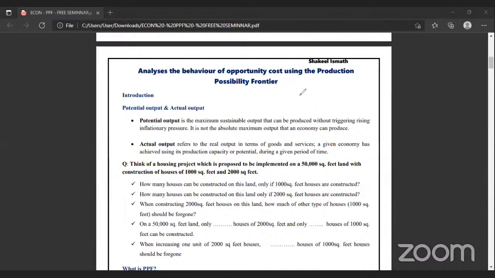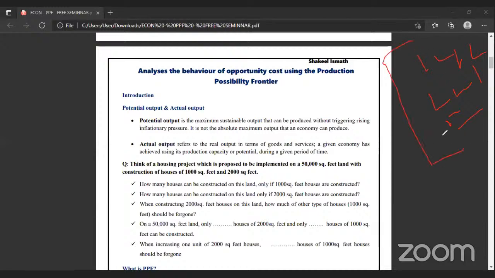Now we are connecting our possible points. Same example I'll take: 14 million labor, 200,000 acre land, and 500 million value capital.